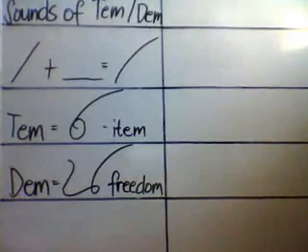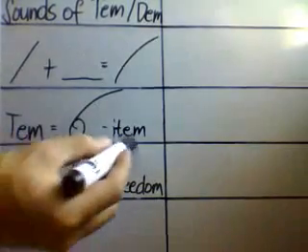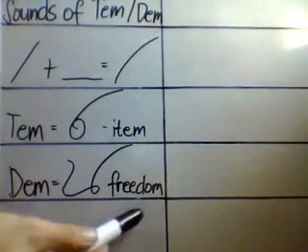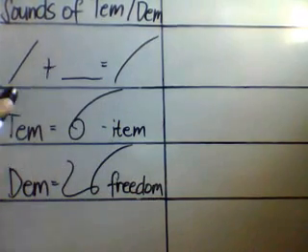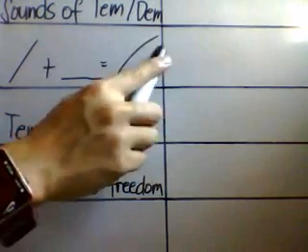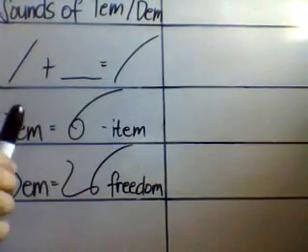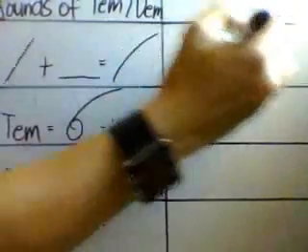Okay, now class, I'll introduce to you the next set of sounds and symbols in shorthand. So in this lesson, you're going to learn the sounds of them and them. The sound of them as in item and the sound of them as in freedom are represented by a blend of the symbols of D and M. So if we join D and M, we get this symbol. To be able to write it, we cut the angle here.